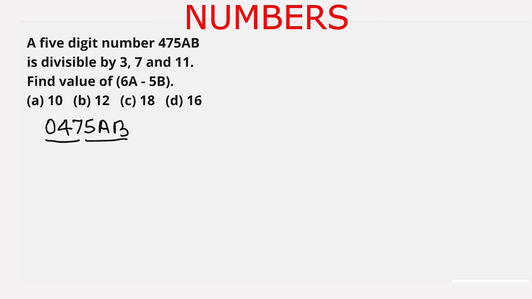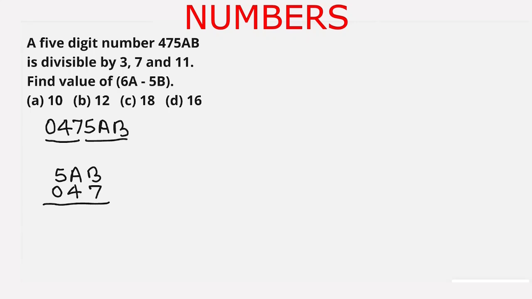And on the basis of 3-digit rule, the difference of these two pairs 047 and 5AB must be divisible by 77. If we subtract 47 from 5AB, the number must be in the range of 450 to 550.